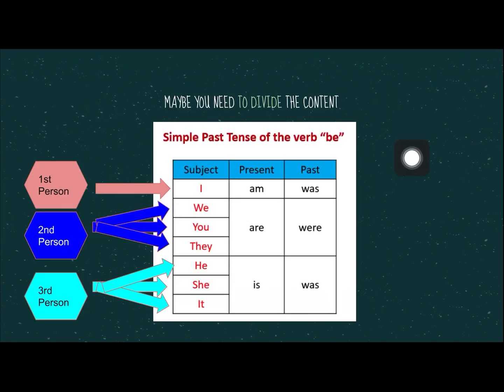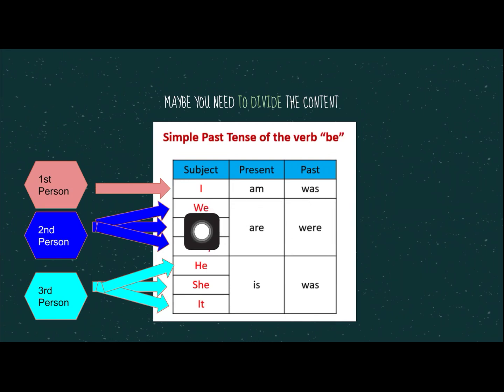Yep. Remember, in the first person we have I am, in present, in past, I was. In a negative, I am not, or I wasn't, or I was not.